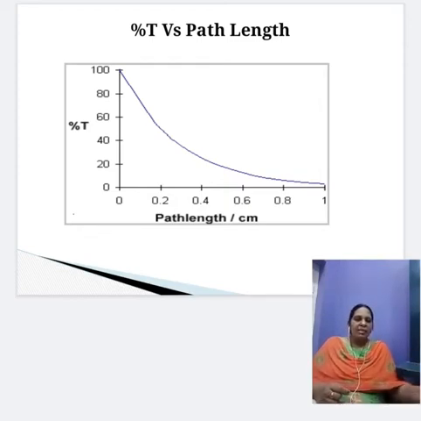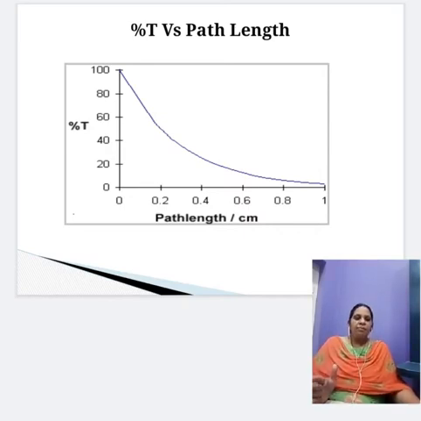When the path length is less, the transmittance will be more. When the path length is more, the transmittance will be less. That is a well known fact. When radiation is incident on a material or a medium, when the thickness of the material is more, the transmittance will be less.